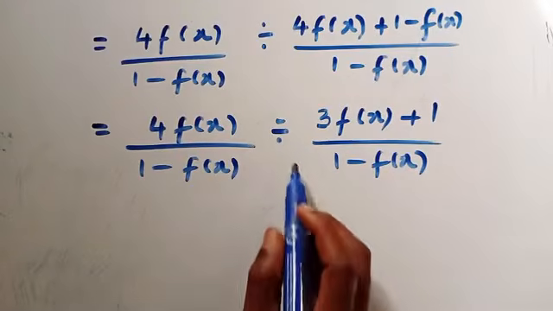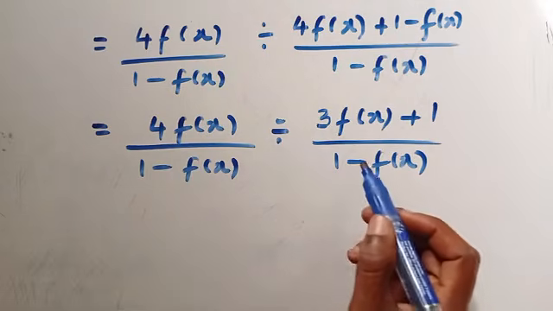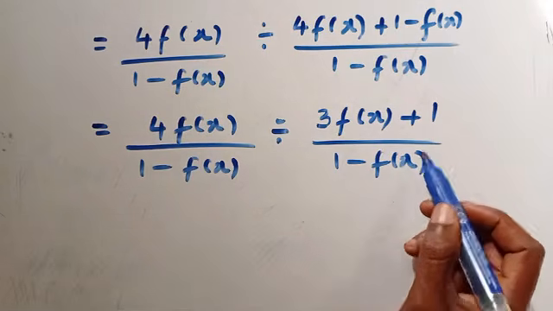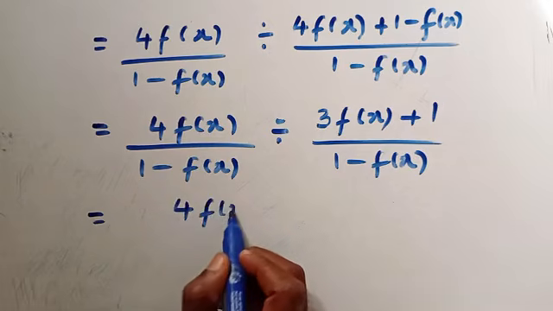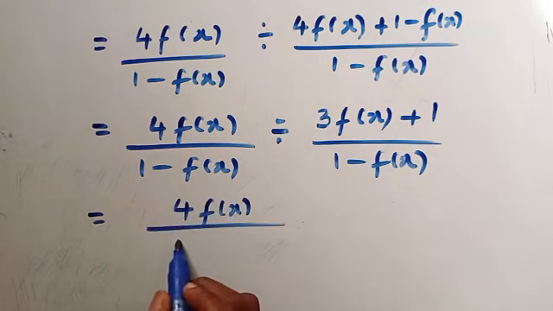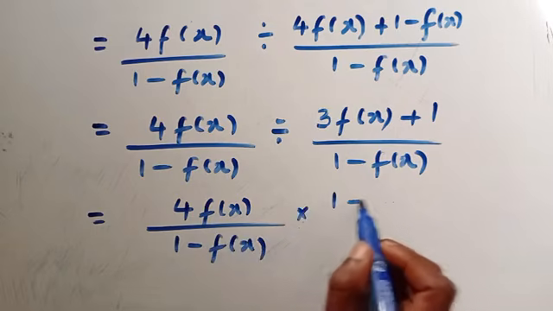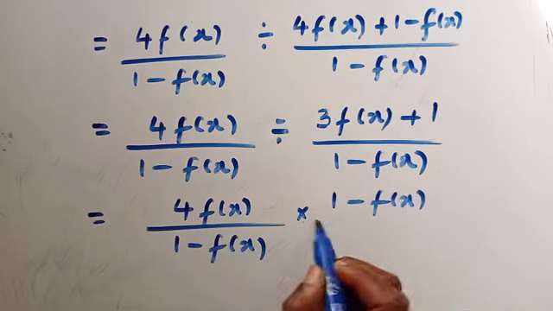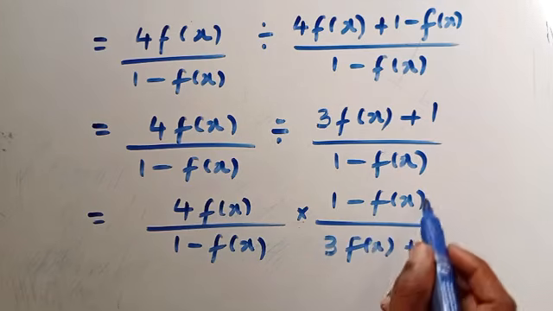So next, we are going to do the flipping by changing this to multiplication and moving 1 minus f of x up. So this equals 4f of x divided by 1 minus f of x multiplied by 1 minus f of x divided by 3f of x plus 1.